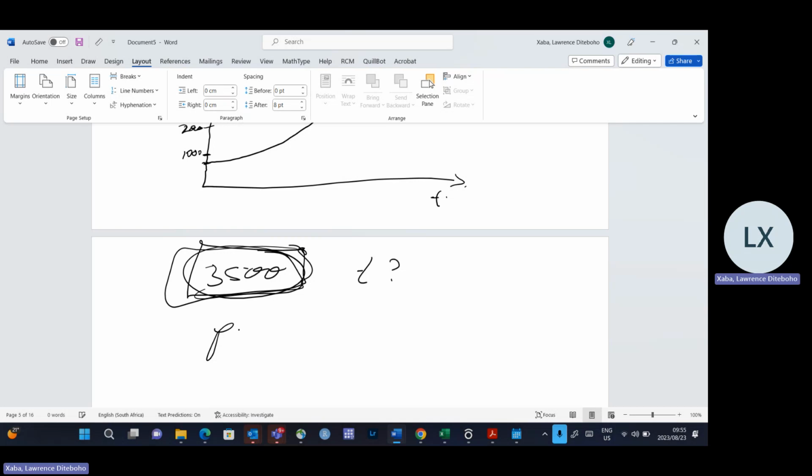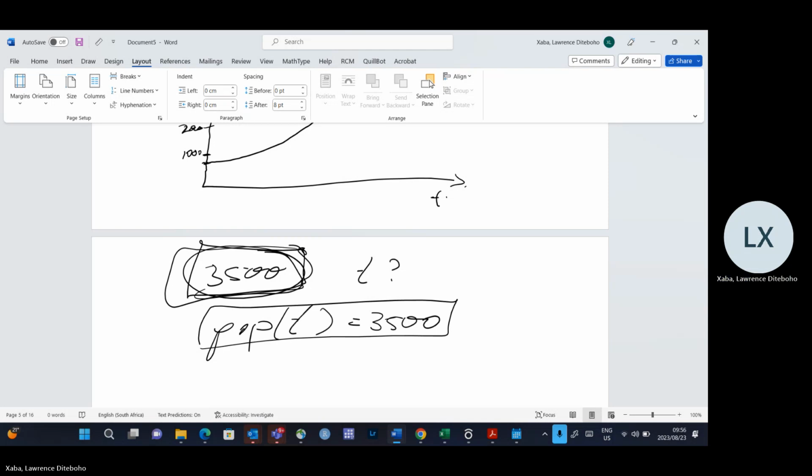But in this case, we're not given the T, we're given the population. So we know our population is 3,500. Having a population of 753, how long is it going to take us to get to a population of 3,500?